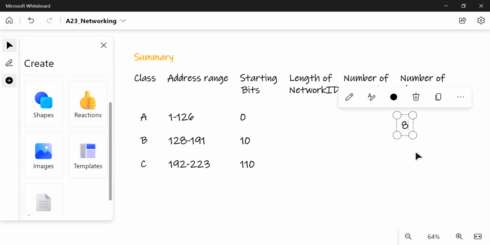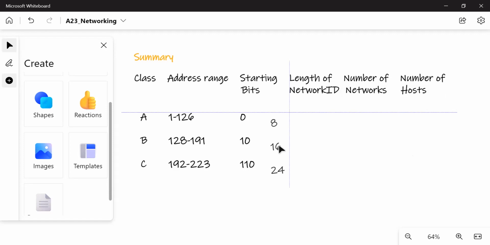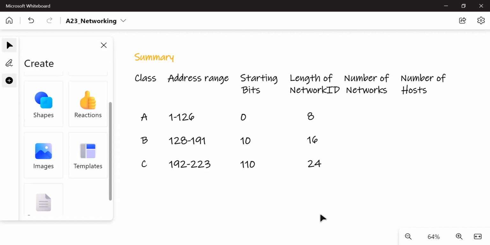For A, 8 bits are allocated. Then B is 16 and C is 24. Yes, this is the length.